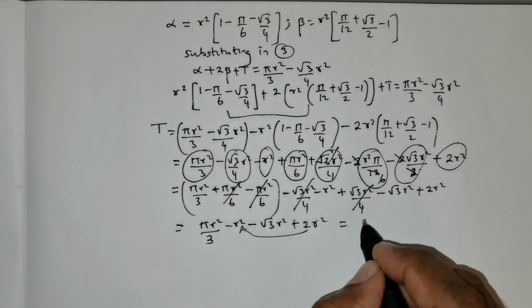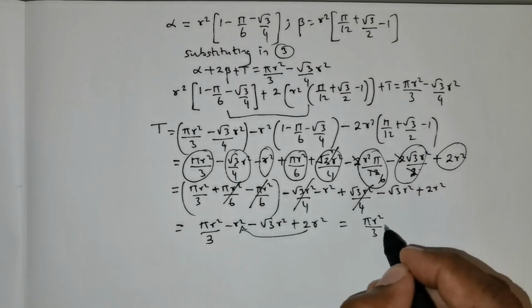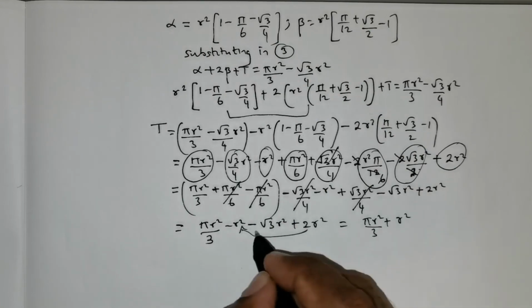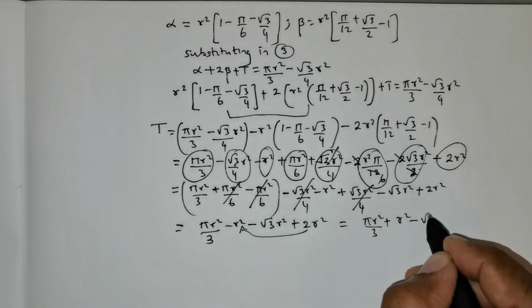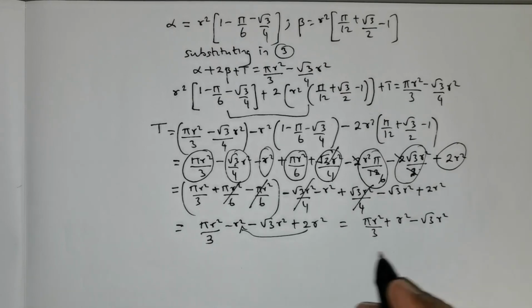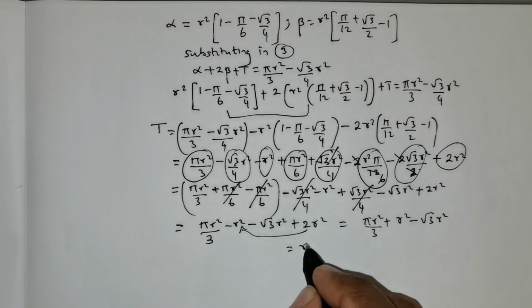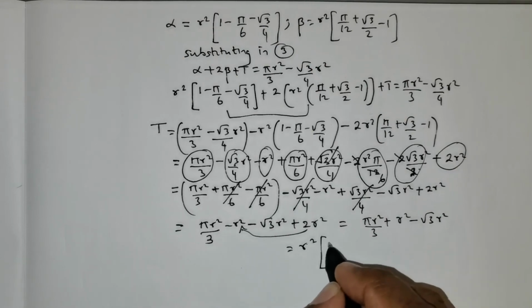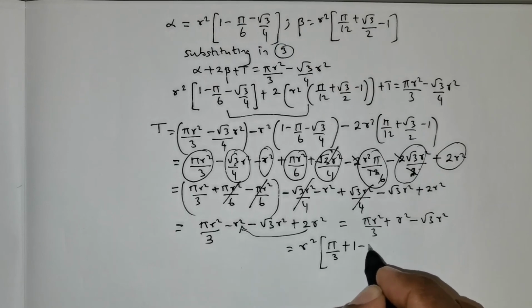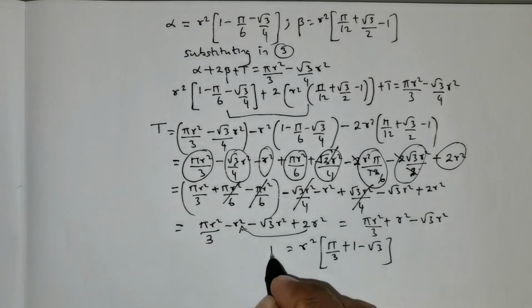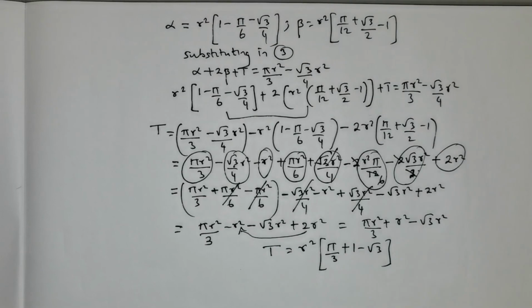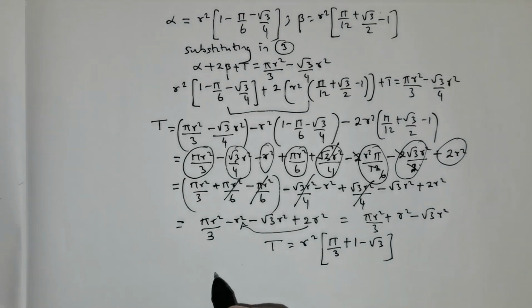I can add these together, and that would give me pi r squared over 3 positive r squared and negative root of 3 r squared. So if I were to take r squared out, I would have pi over 3 positive 1 negative root 3, and this is my t.